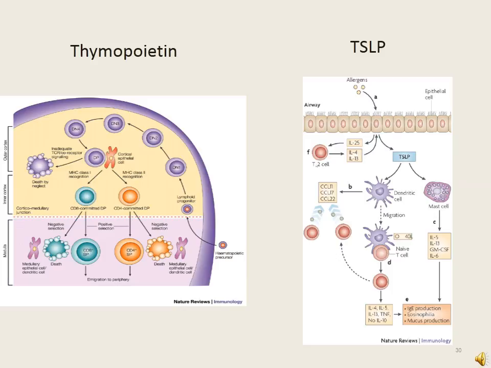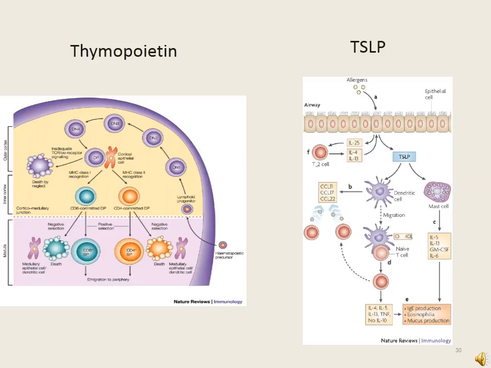When you see the term double negative, it refers to the expression of CD4 or CD8. They cannot find either CD4 or CD8 expressed on the cell, and after that they will go on to develop into double positive cells, that is, expressing both CD4 and CD8.